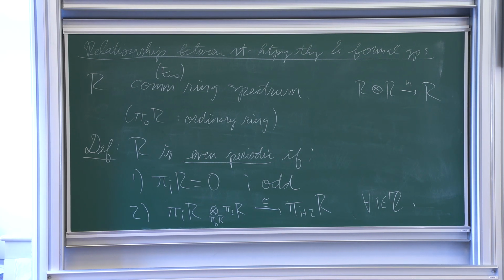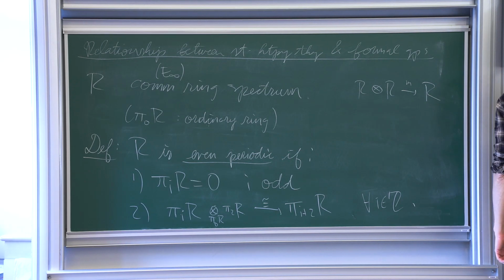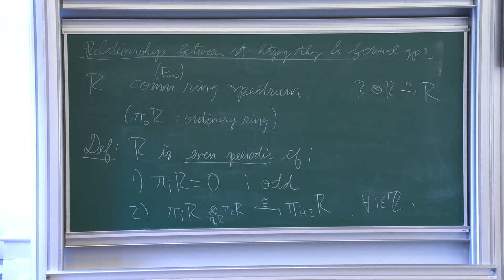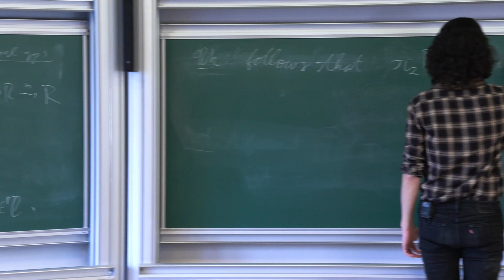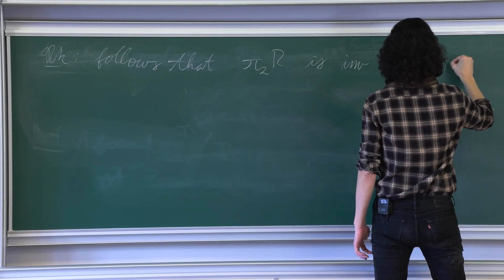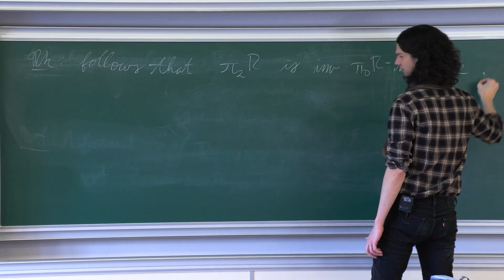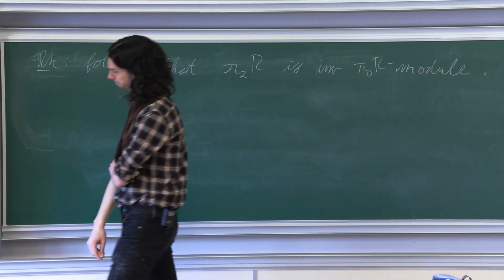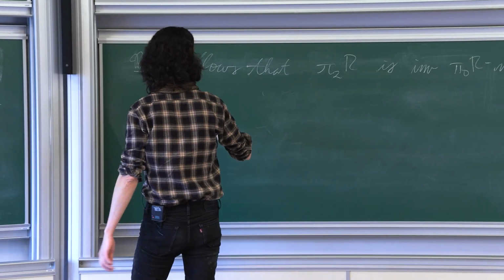The remark which Ofer just made is that it follows that pi 2 R is an invertible pi 0 R module. That's what you get when you take i equals minus 2.